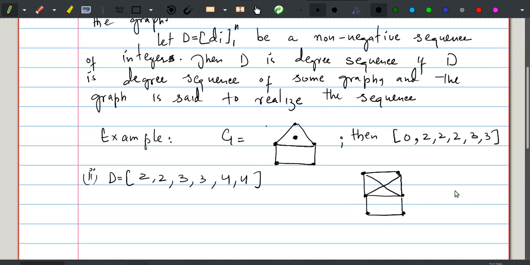Note that this graph has 6 vertices, the same as the number of elements in this sequence. These two vertices are of degree 3 and 3, these two are of degree 2 and 2, and these two are of degree 4 and 4.